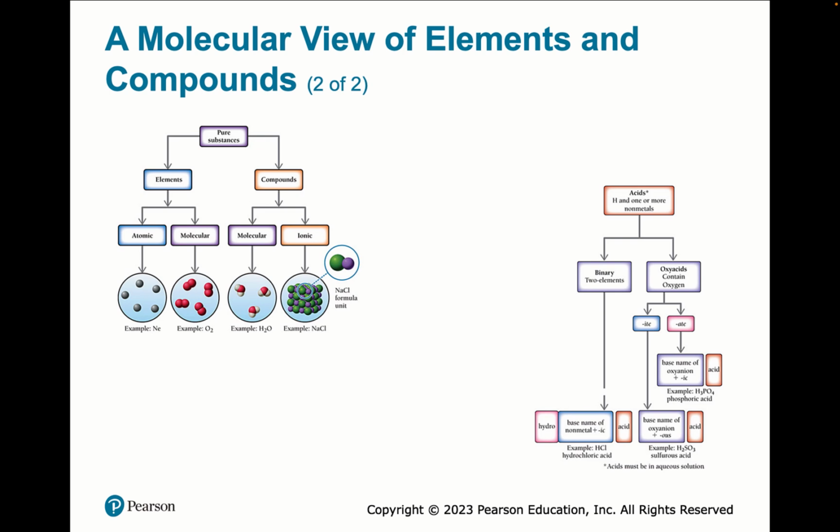We're going to talk about acids in a little bit, and we will go more in depth in the way we describe acids later in the chapter. For binary acids, with two elements, you say hydro, plus the base name of the nonmetal, plus ic, plus acid. So for HCl, hydrogen and chlorine, we call it hydrochloric acid.